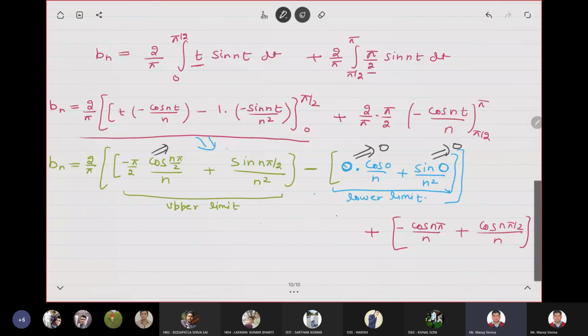Whatever the value of n, this sine n pi by 2 we will keep as simple, and cos n pi we will also keep simple. I am just making this cos n pi by 2 zero, as it will always be 0 irrespective of the value of n.